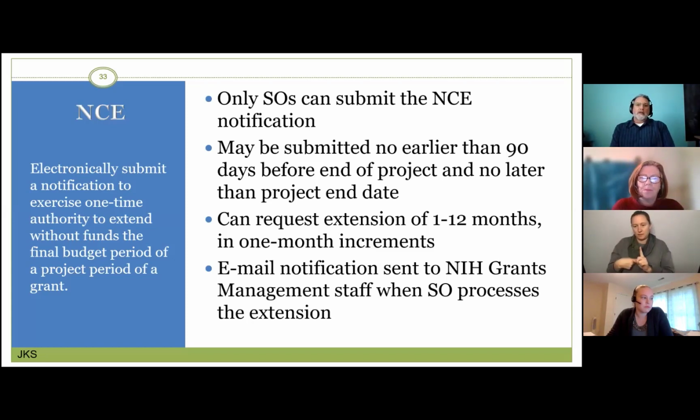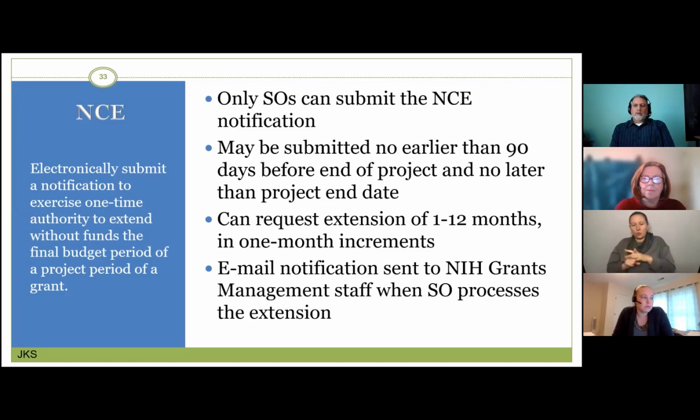The SO would go in and request that extension based on your needs. And it's a one-time scenario. If you extend at that 90-day marker for anywhere from 1 to 12 months, you're not going to be able to extend it again through that extension link. It's not going to show up. Once that link has been used, or once any no-cost extension has been activated, the extension link does not show up.